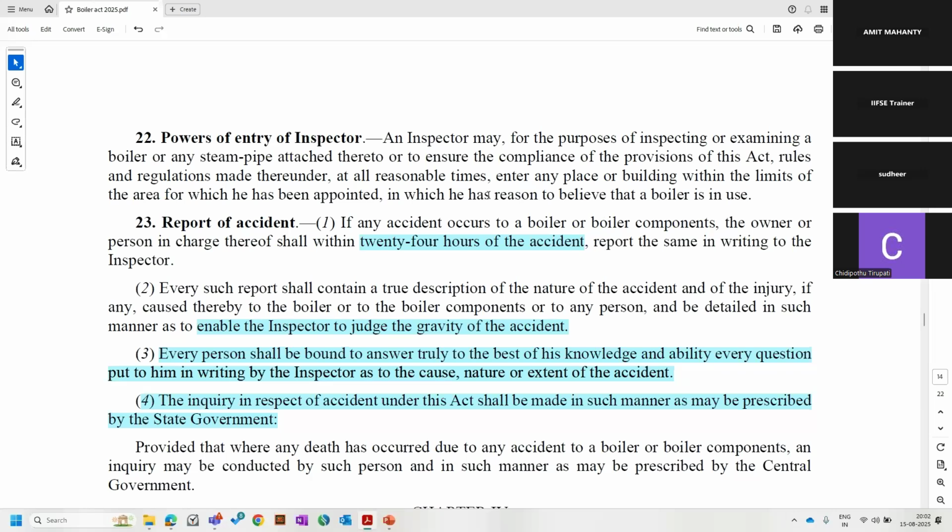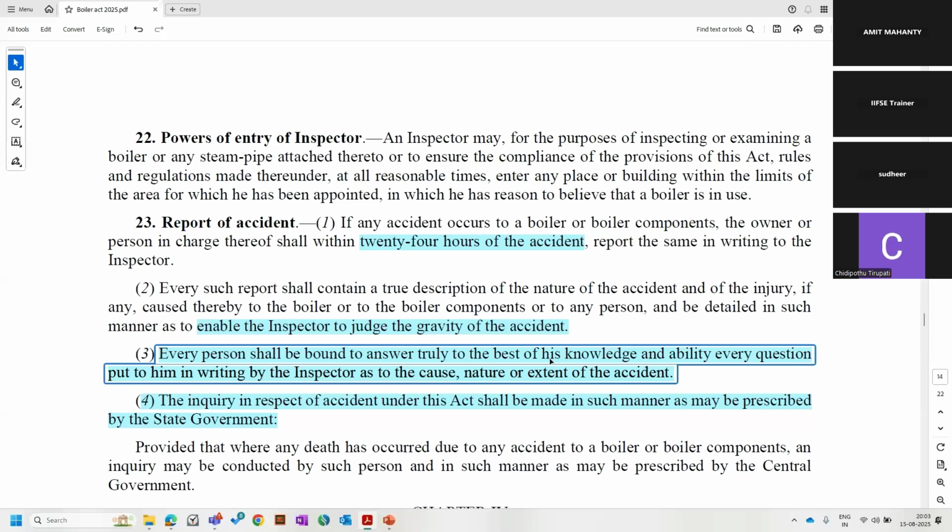Okay, every person shall be bound to answer truly to the best of his knowledge and ability every question put to him in writing by the inspector as to the cause, nature, or extent of the accident. So, in the case of any questions asked by the inspectors on the accident reasons or causes, they have to give the true information.